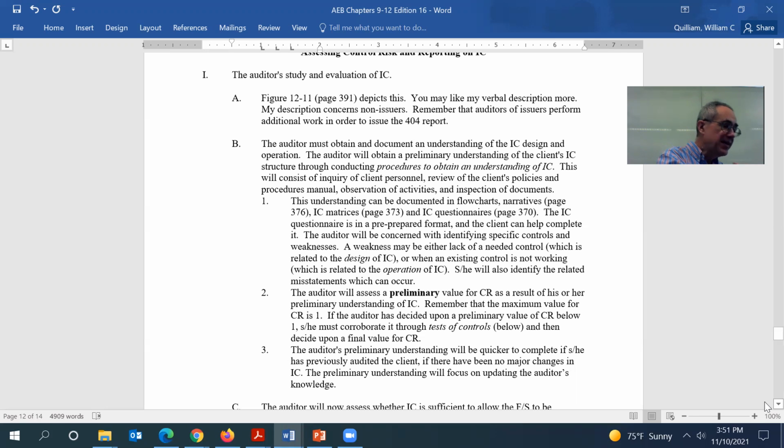Day-to-day operation means how the users of internal control go about utilizing it. Do they do a good job or not? For example, if the design of internal control is such that we tell users they should not be sharing passwords, but in practicality, we go in the office and we see they're doing what? Sharing passwords.